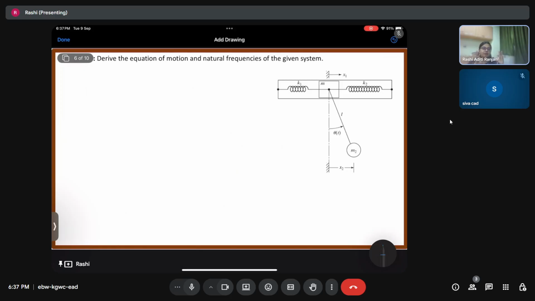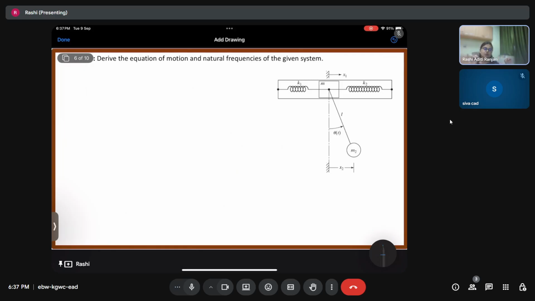If you can see, there are two masses. Firstly, if there are two masses, it means it's a 2 degree of freedom system. Then we have to look at the constraints. Every mass in free space can have 6 degrees of freedom. Over here, mass m is constrained to move only in one direction, so mass m is going to have 1 degree of freedom.